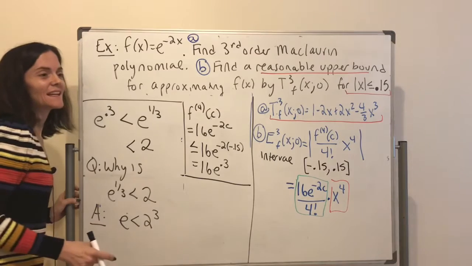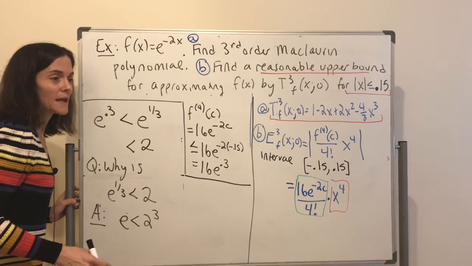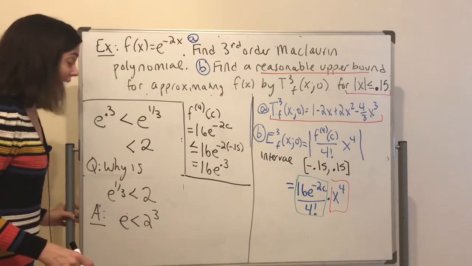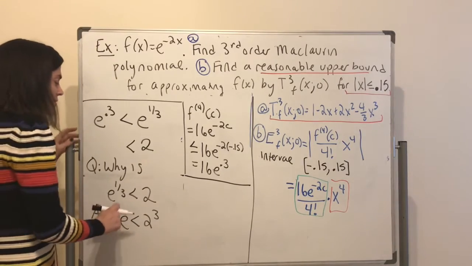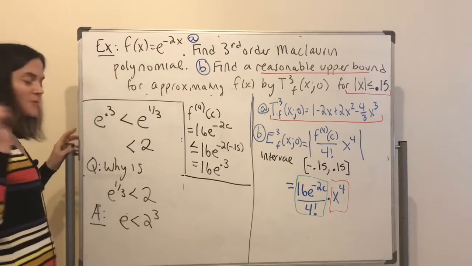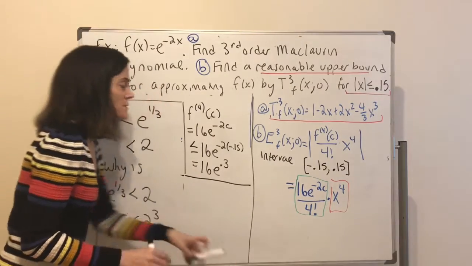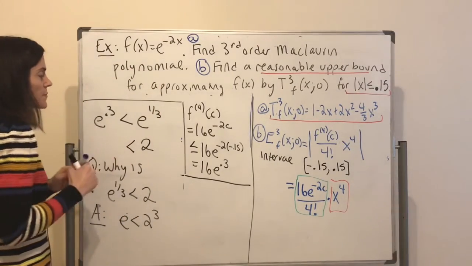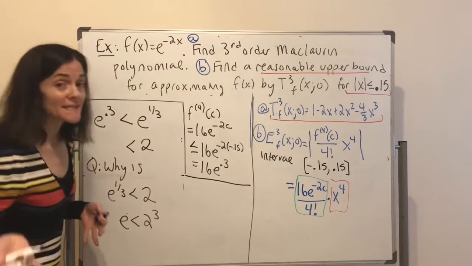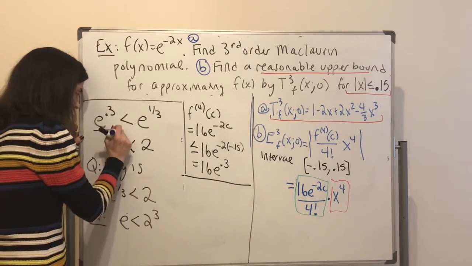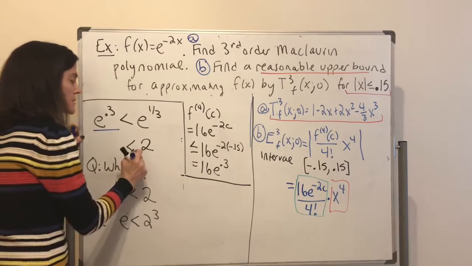And I've just said that e is less than 3. Without a doubt, e is less than 8. So e to the 1/3 is less than 2 because e is less than 8. Through this two-step process, I have a reasonable upper bound on e to the 0.3. I can say it's less than 2.